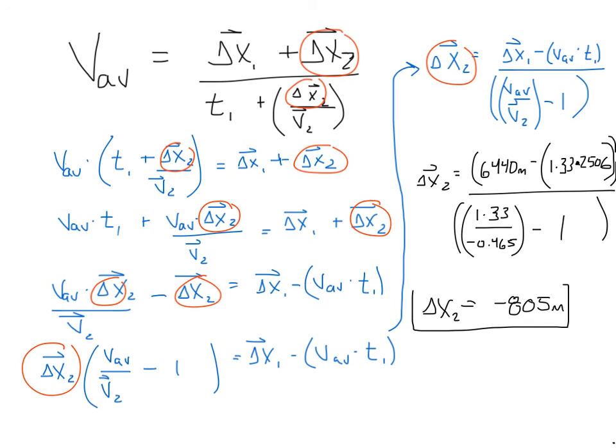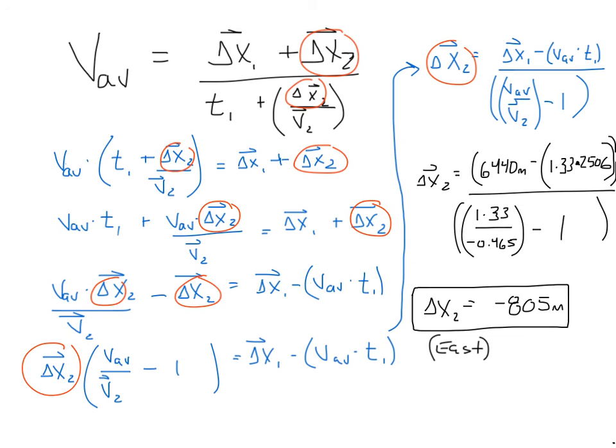Now remember, you can't walk a negative distance, but you can walk a negative displacement. You can walk a positive distance in the negative direction. East we consider to be the negative direction. That makes sense that our answer is negative, because we're going kind of backwards.